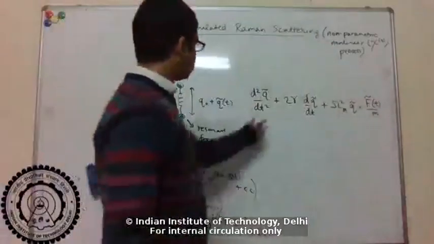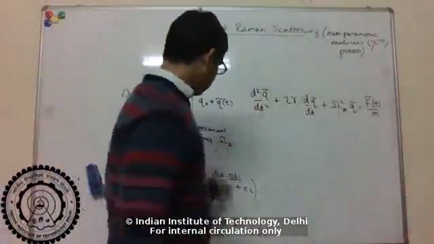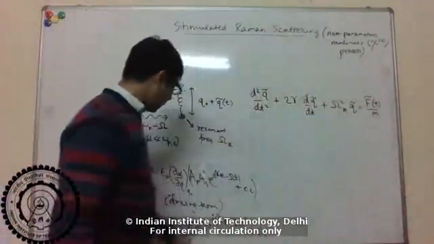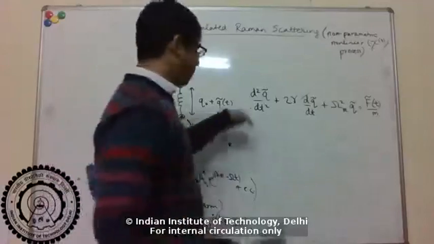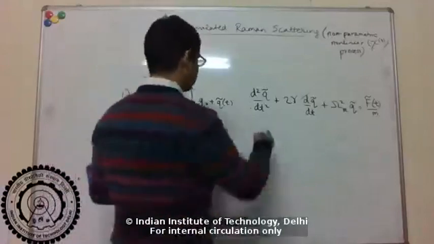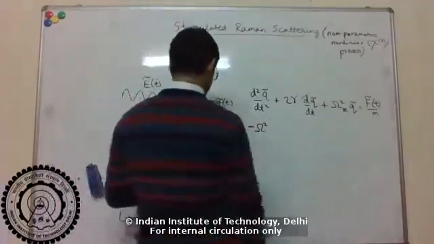Again, the derivative with respect to time will give me a factor of omega out in front. So here I have a double derivative with time, so I'll get minus omega square.